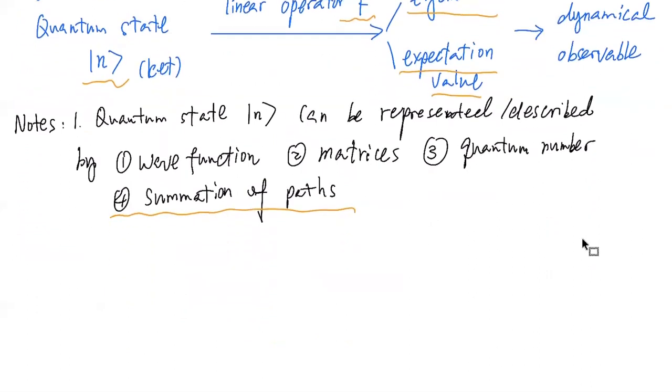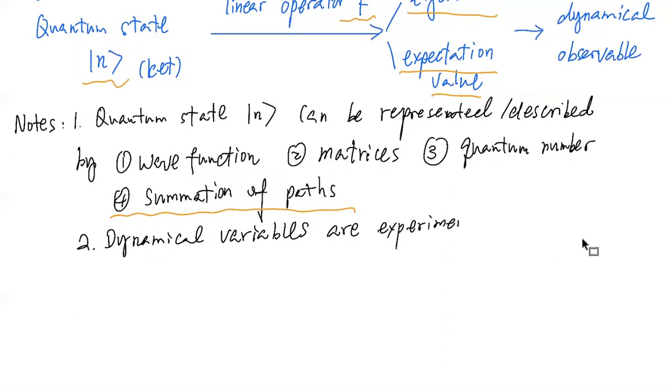Now, the second note I want to make is about the dynamic variable. Dynamic variables are experimentally measurable. In principle, you can measure the eigenvalues, but maybe it's not easy to actually design the experiment.